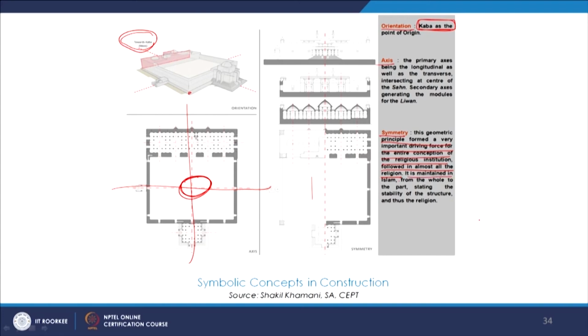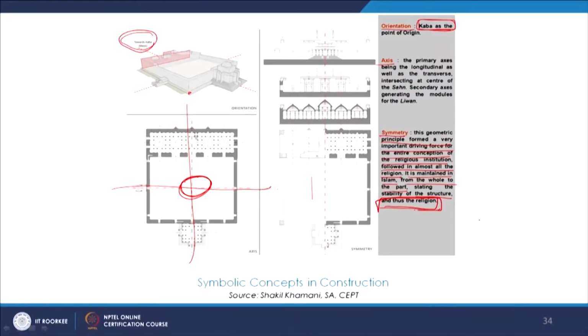It is maintained in Islam from the whole to the part, stating the stability of the structure and thus the religion. So this is how the symmetry was seen as a guiding principle, and utilizing this system, it gave a stable form, and it also had to do with what the religion stated. So there was this close harmony between the built form as a method of construction and the belief system that was put forward in the religion.